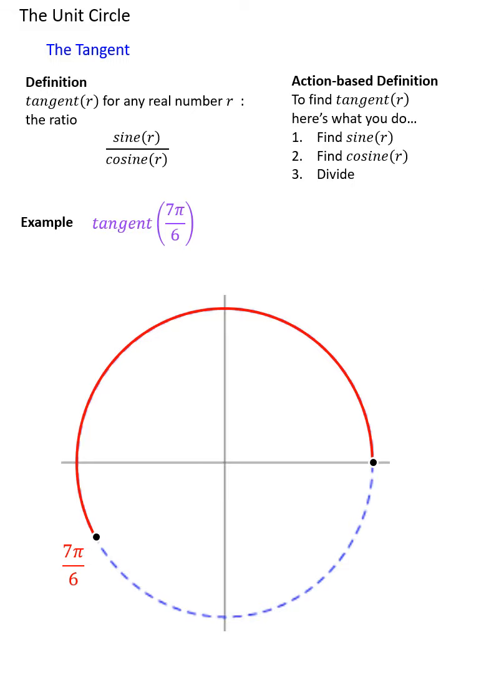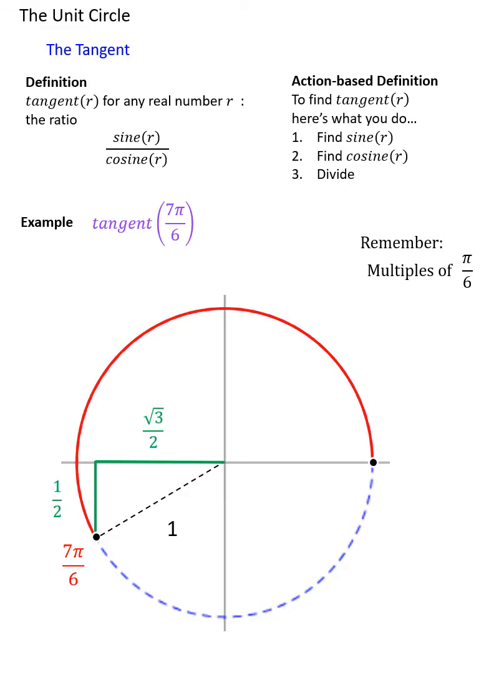So now that I have my terminal point of 7 pi over 6, let's remember how multiples of pi work. Multiples of pi over 6 lead to 30, 60, 90 triangles. And I won't explain exactly where these leg lengths came from, but I did explain that earlier in the video.